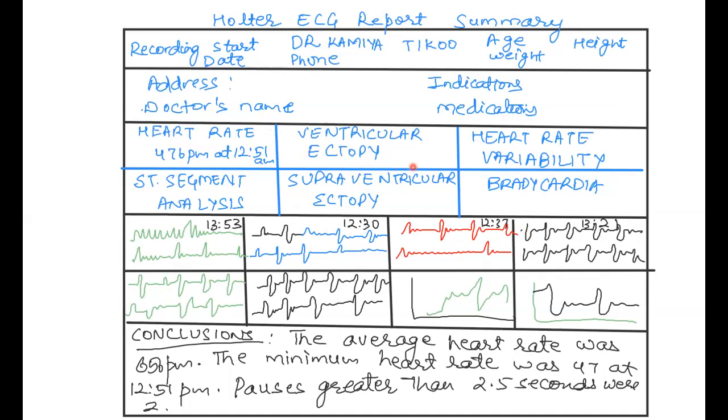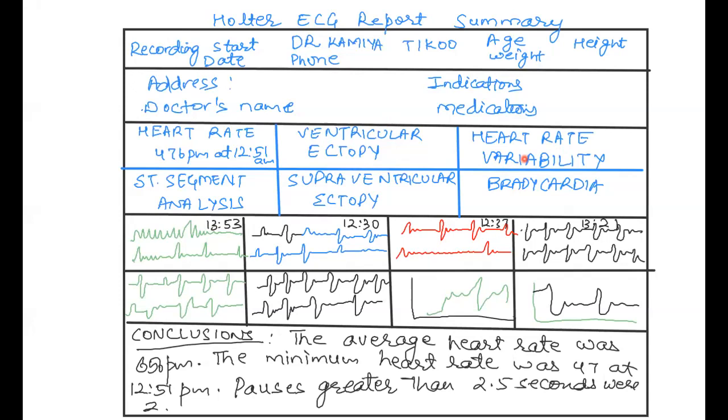Ventricular ectopy records, remember R and T, PQRST we have in the ECG. So it records R and T. Okay. Third box records heart rate variability. That means the heart rate should remain stable all the time. It should not be too high or too low. And also it should not miss the beats. So that was recorded by heart rate variability.